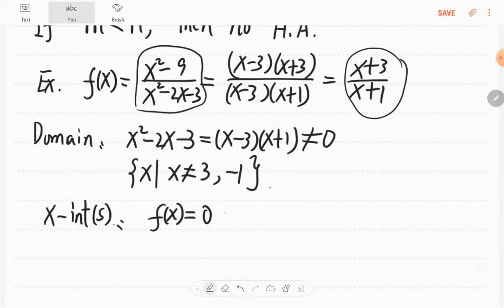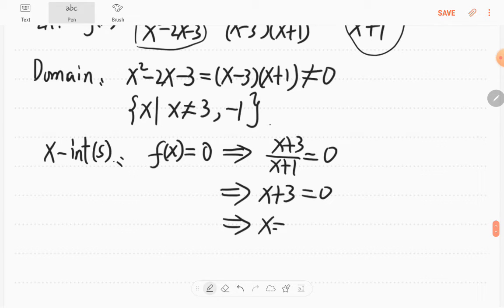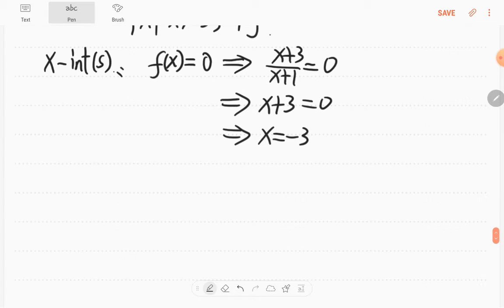Which means x plus 3 over x plus 1 equals 0. If a fraction equals 0, the numerator should be 0, right? So you have x equals -3. Sometimes it asks you to input the x value, sometimes it asks you to input the point. This is the x-intercept on the x-axis, right?